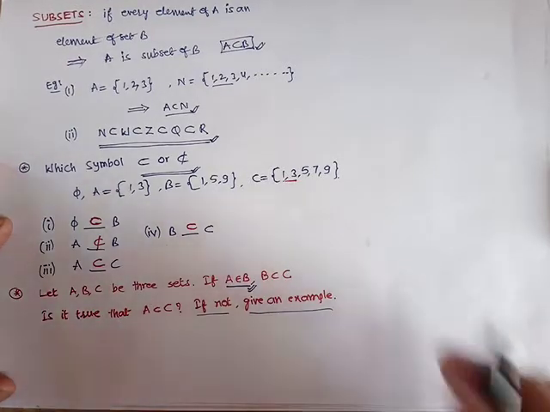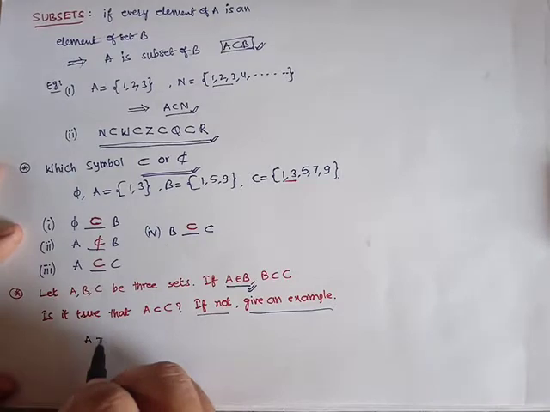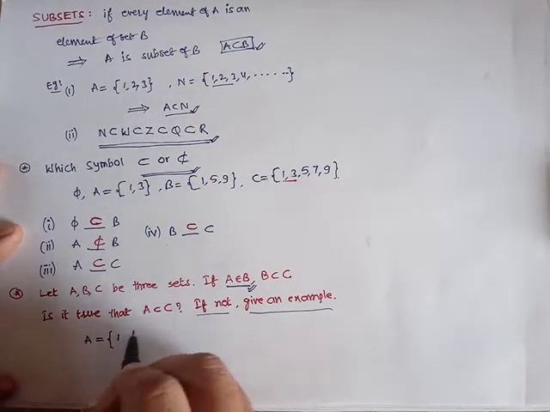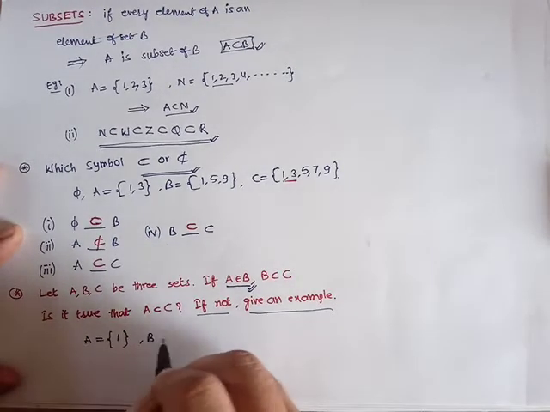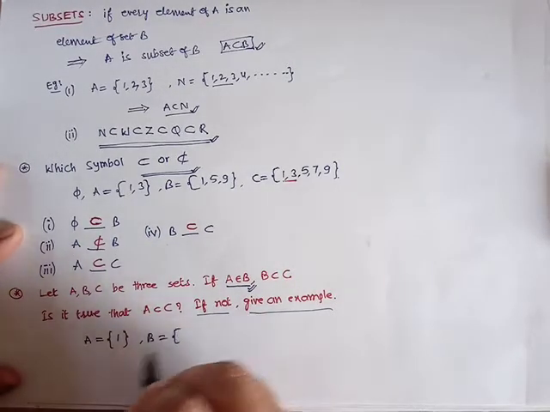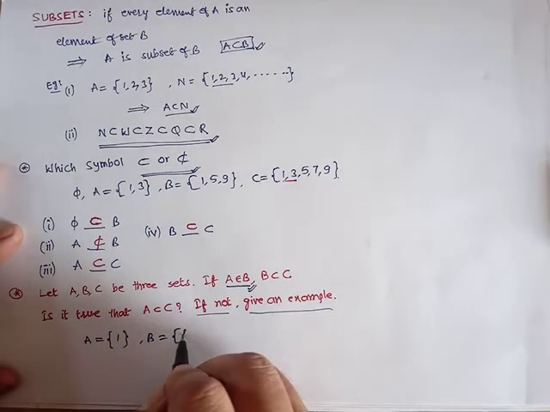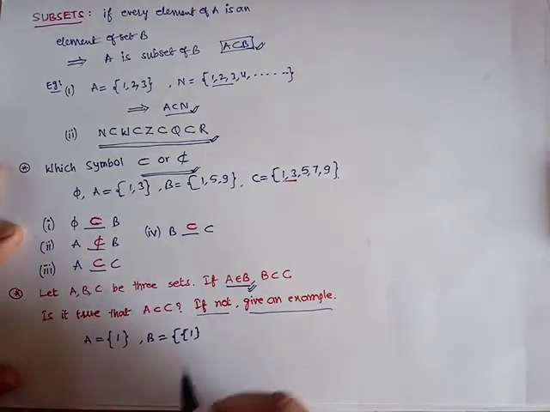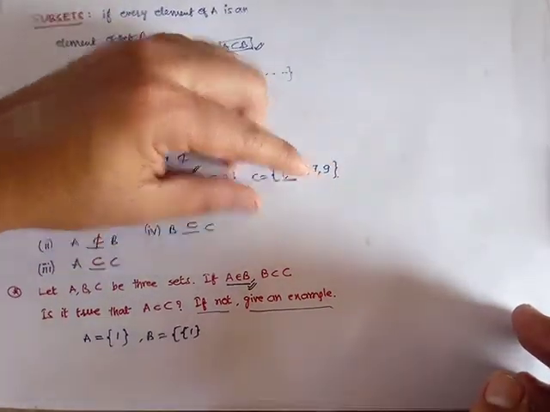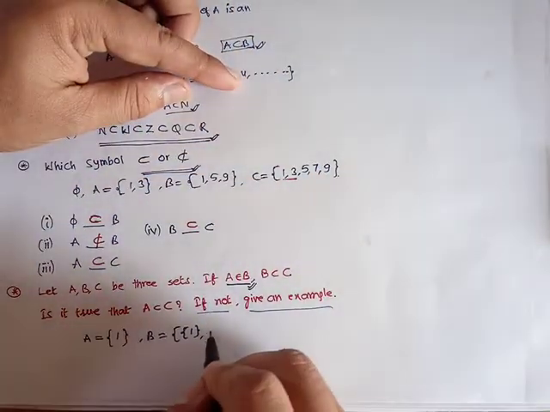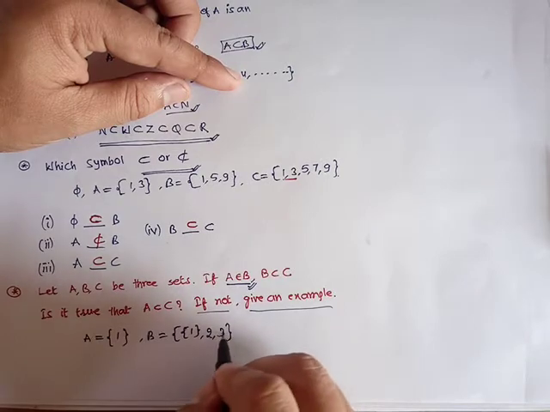Now we'll see. First of all, I'm taking A is equal to {1}. It has one element. A is equal to {1} as a set. Then B is equal to, taking this set {1} in the set B, {{1}, 2, 3}.